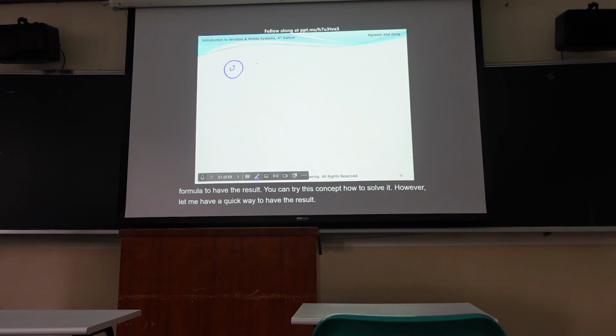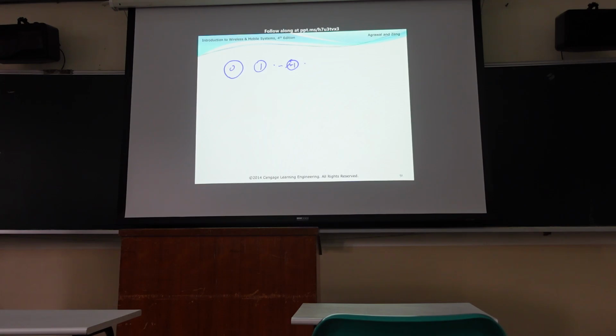We have a 0, 1, maybe up to i minus 1, then i plus 1. I know the other, simply have these. Previously we used a circle, but the second way we use a line.